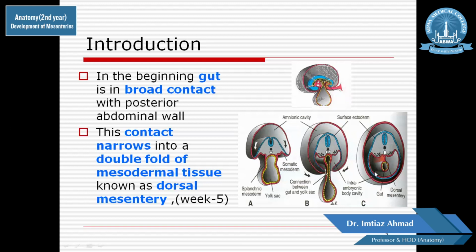Now the gut starts suspended to the posterior abdominal wall by this fold of mesenchyme known as the dorsal mesentery when this folding is completed. So in the beginning, the gut is in broad contact with the posterior abdominal wall.